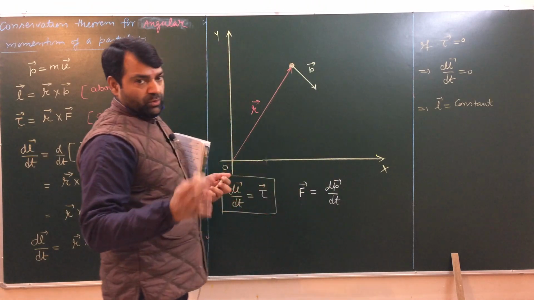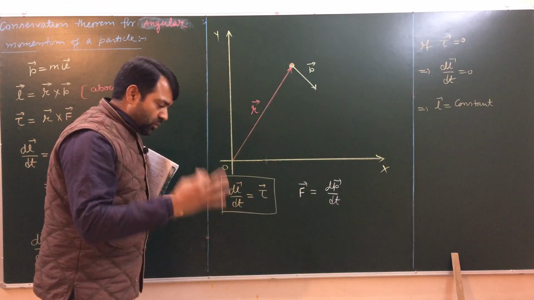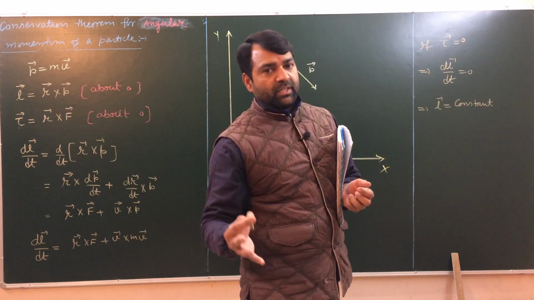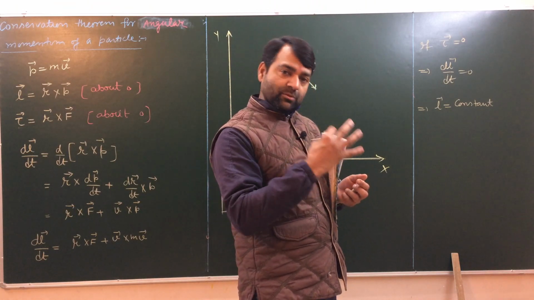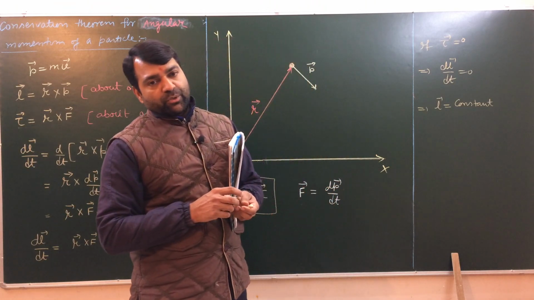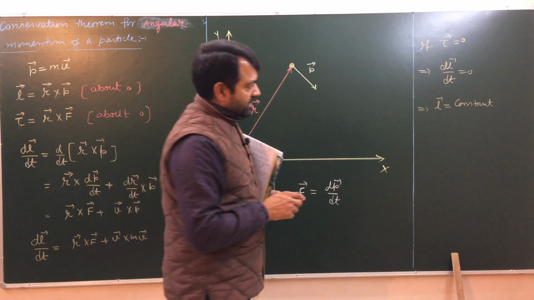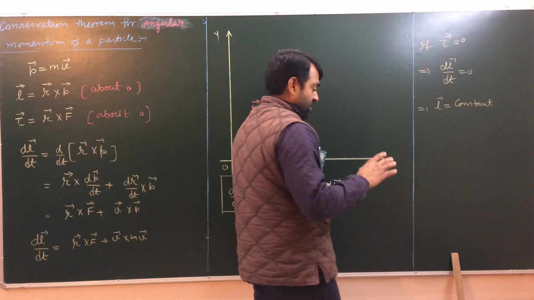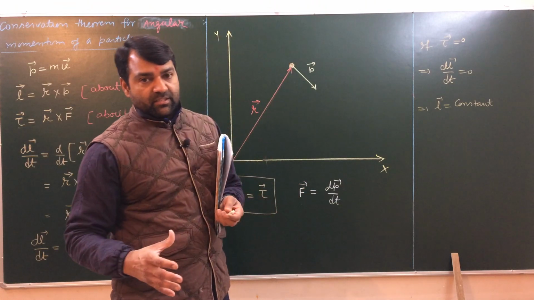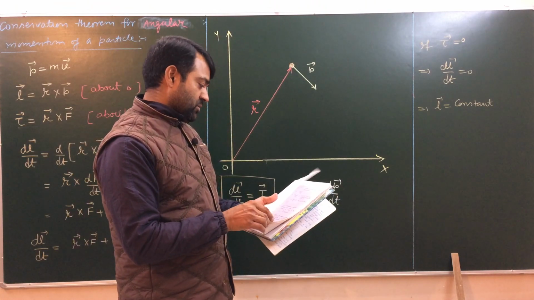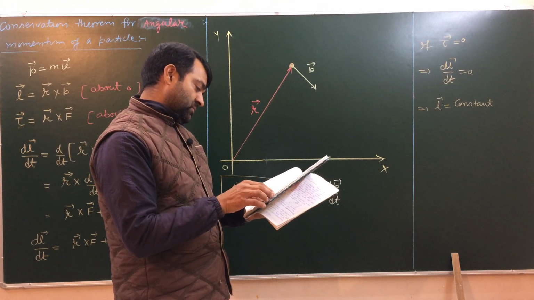If there is no torque on the particle, or the vector sum of all the torques acting on the particle is 0, then its angular momentum is going to be constant. Again, there is an arrow over this symbol. It means its magnitude as well as direction is not going to change. So this was our law of conservation of angular momentum for a particle.